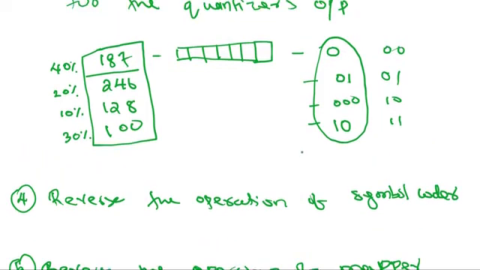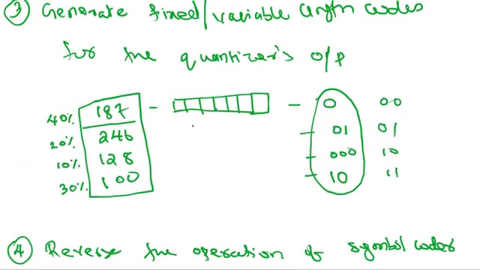Okay, so this was the operation of the symbol coder, that is, producing variable length or fixed length codes. So what we finally want is, when we decompress or open an image, to get these numbers back to the 8-bit representation. That is the inverse process of the symbol coder.